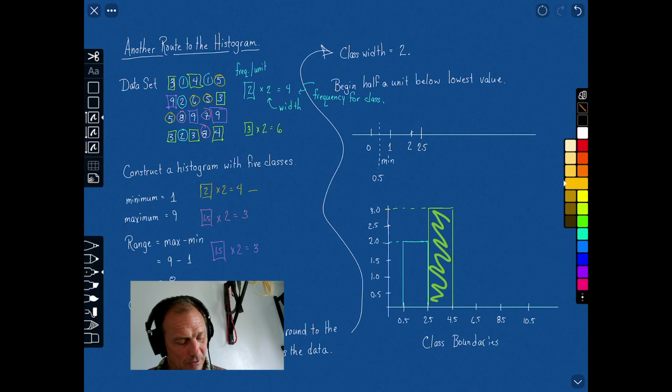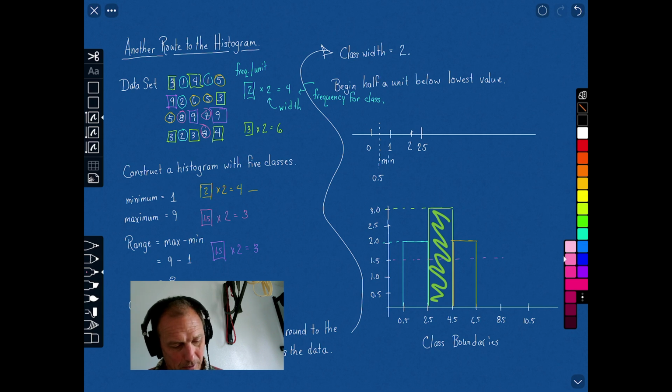Our orange is 2. And our next one is this pretty pink. That's 1.5. Up here. And these lines should be touching. If I did that really good there, 1.5, they should be touching.